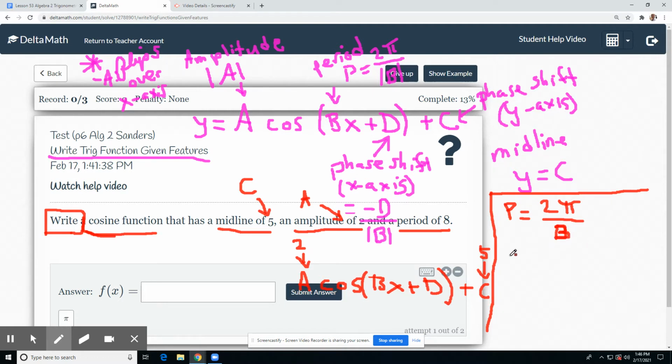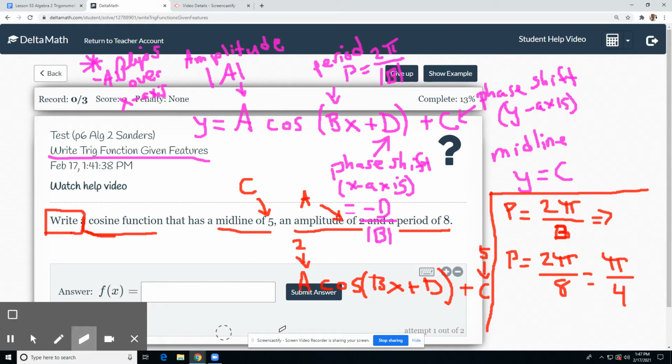All right, so if we plug things in, so this now implies that our period is equal to 2 pi over 8. Okay, and then we would just simplify this, which turns into 2 and 8 reduce out, and we got pi over 4. So the period tells us that it repeats itself every pi over 4. All right, and what does that mean?